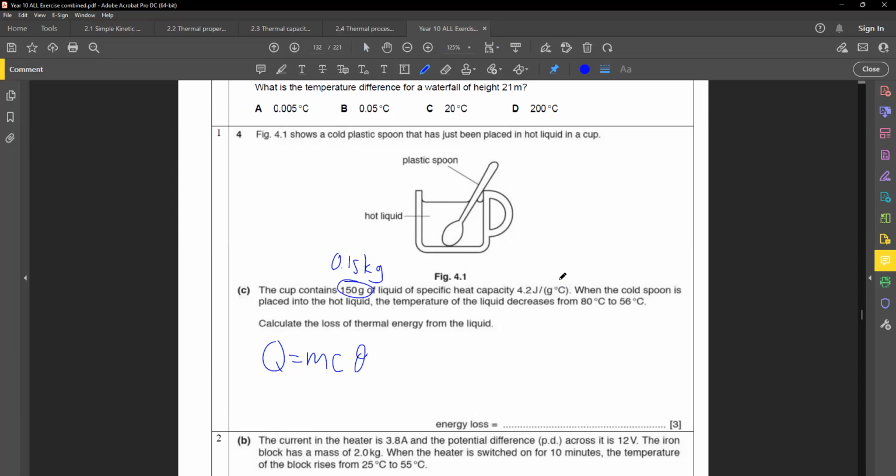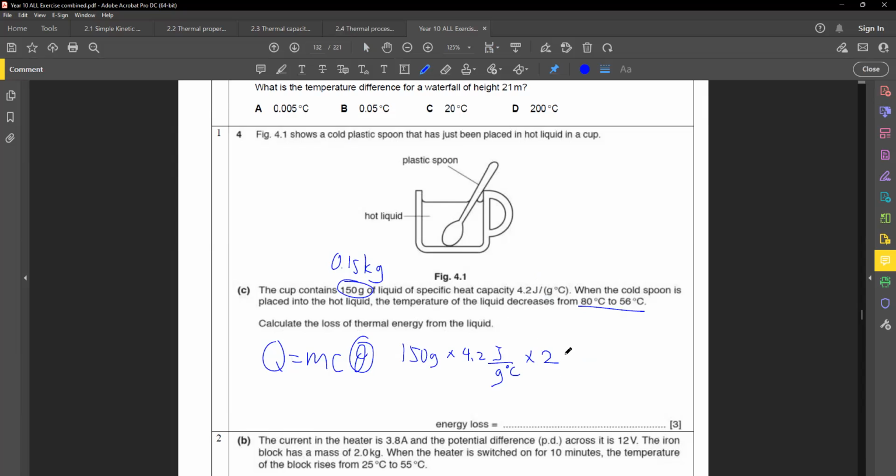Why? Because look at the units here for the C, it is joules per gram degree Celsius. It means this 150 grams will multiply by 4.2 joules per gram degree Celsius. Now, some of you actually use negative 24. You don't need to do that because theta is just a change in temperature. It doesn't matter if it changes from 80 to 56 or 56 to 80.